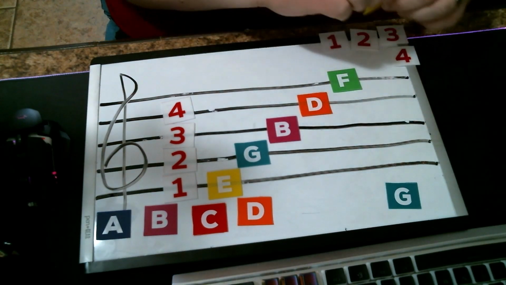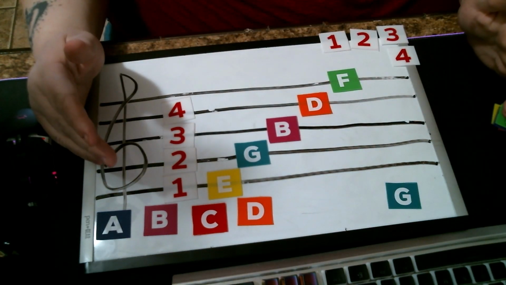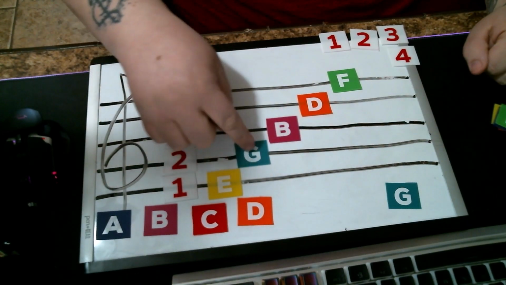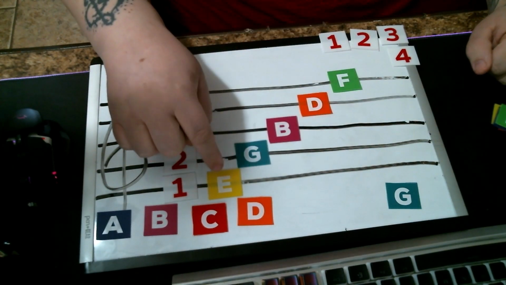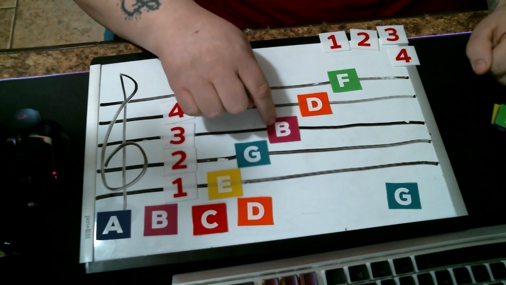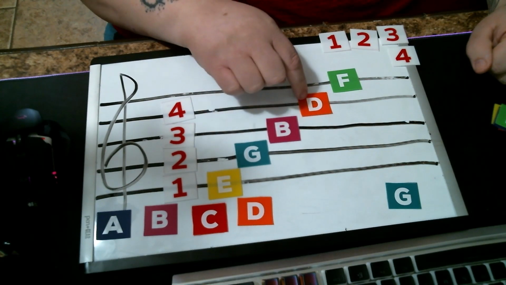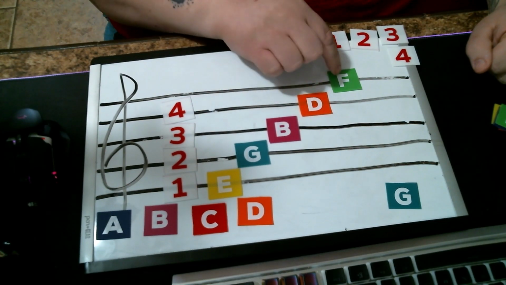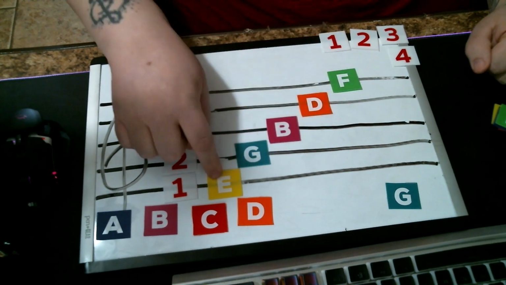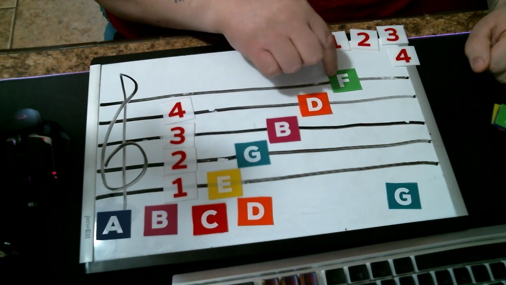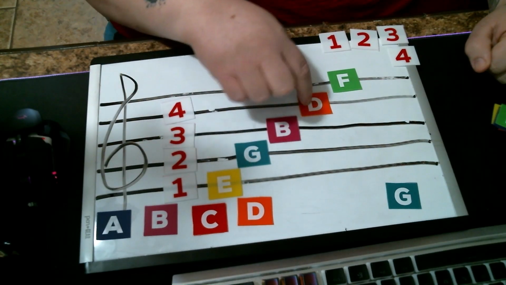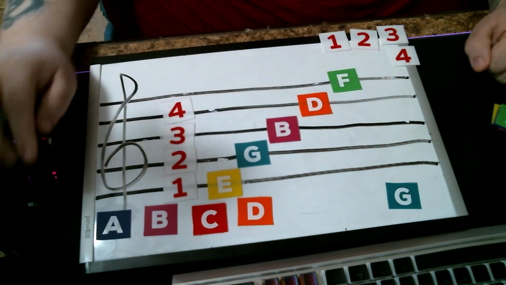What we can do there is try to think of a way to remember this. What I learned when I was in school was E-G-B-D-F: every good boy does fine. So the first letter of every word I use is the first letter of my lines.